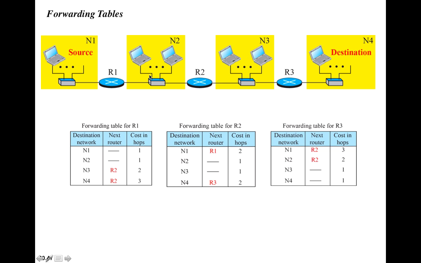N3, 1, 2, and the next router here is R2. We can only reach N3 through R2. And to N4, it is 1, 2, 3, and the next router again is R2, 3 hops. Similarly, you go on to make the forwarding tables for R2 and R3.